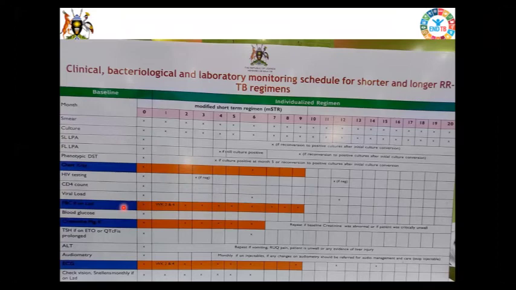Mulago, of course, gives support, but each regional referral hospital treats MDR. Busoga is the only region with 2 centers, Iganga and Jinja, but the others have 1 unit in each regional referral hospital.